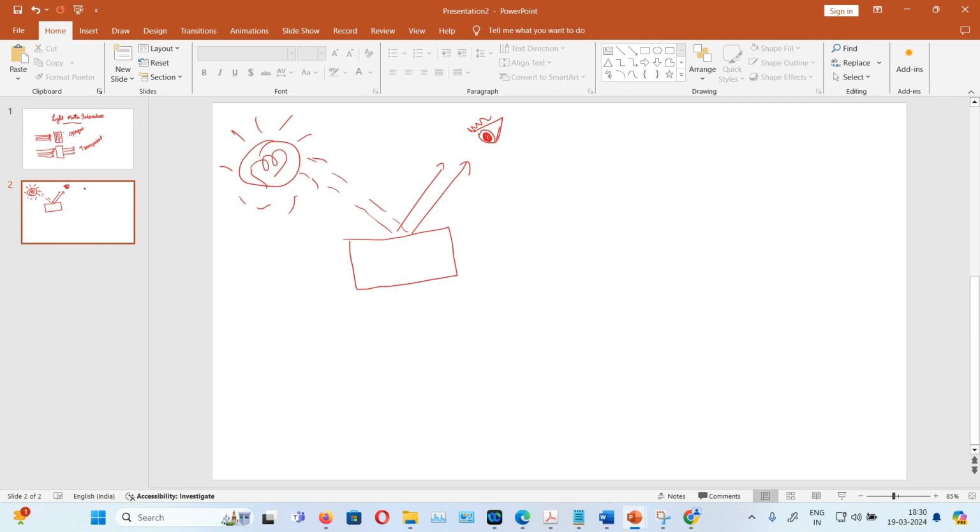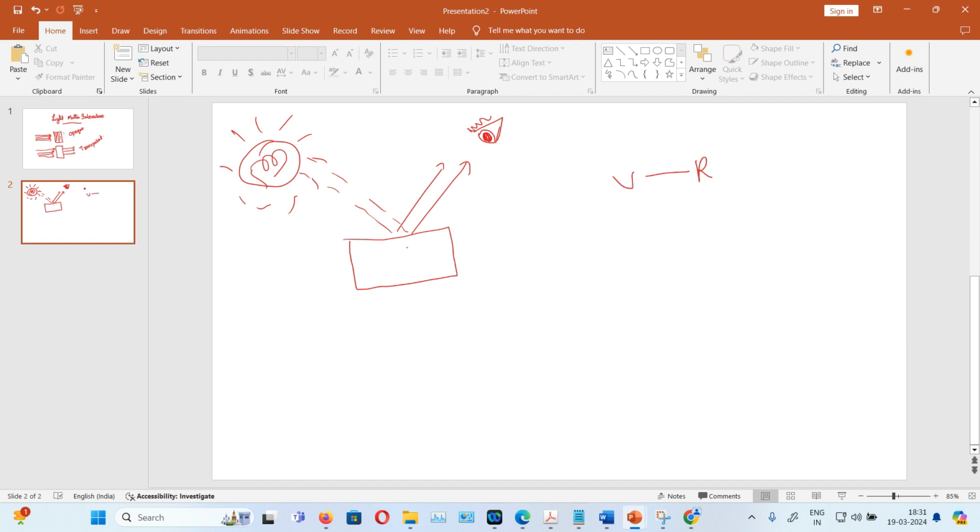If it is an opaque substance, the incident light contains all the wavelengths. It's like white light containing all the wavelengths which we can perceive in the form of vision, starting from 400 nanometers to 700 nanometers, which is violet to red.